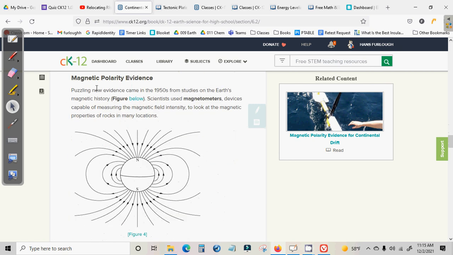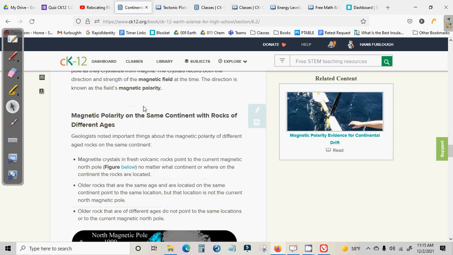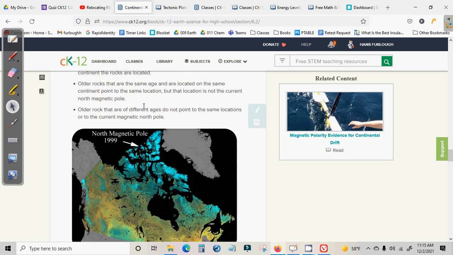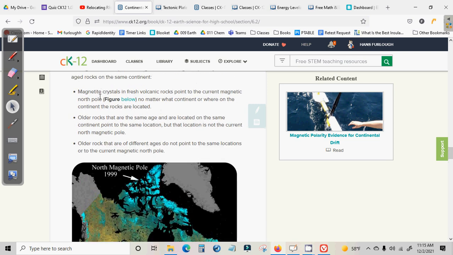But then we get to magnetic polarity. So what happened is they started finding that rocks, now remember volcanic rocks, as they crystallize and solidify, the magnetic particles inside of them line up with the Earth's magnetic field, right? So you would expect every rock everywhere on the planet to point north, right?